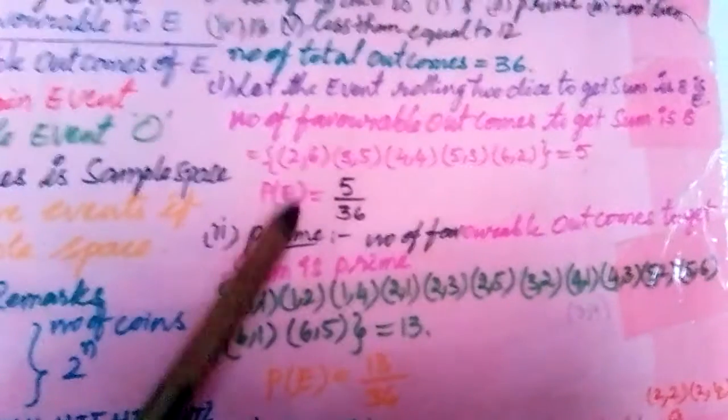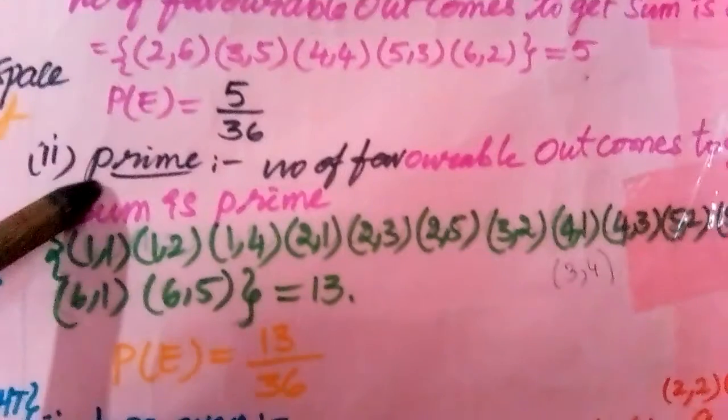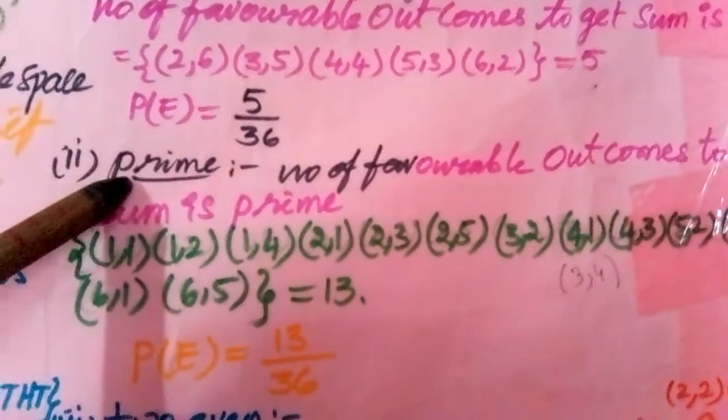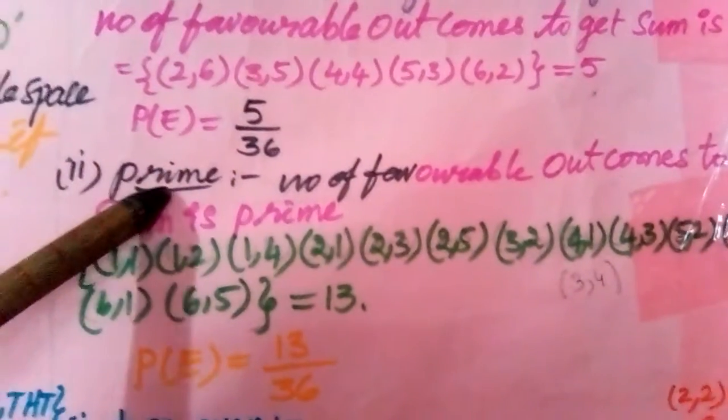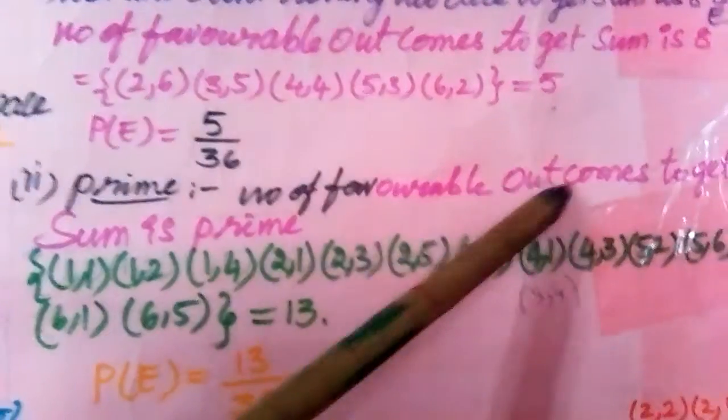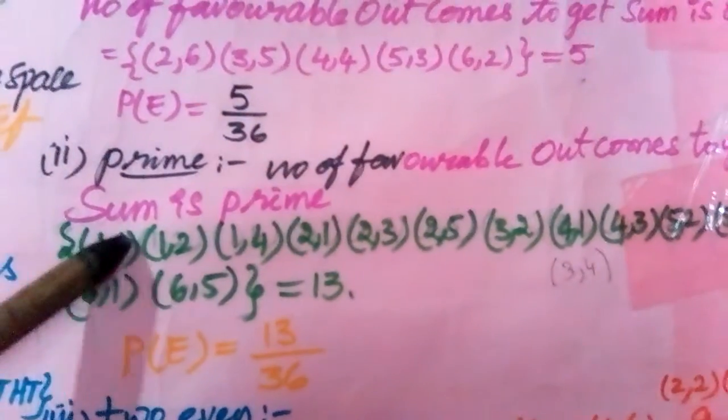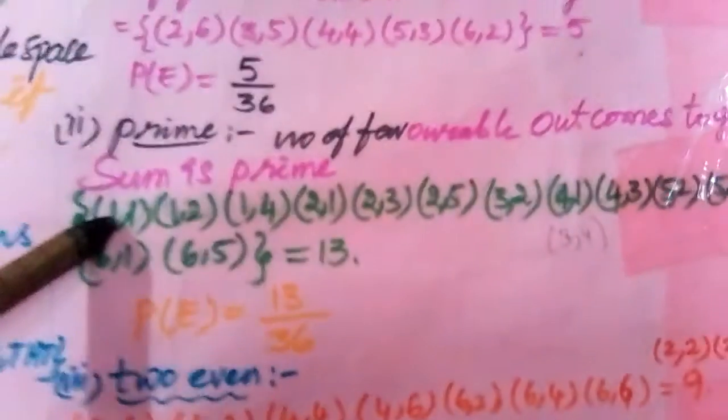Next, prime. So the next solution is to find the probability of getting a prime number. Number of favorable outcomes to get the sum prime: when you add the two numbers on top of the dice, you should get a prime number.